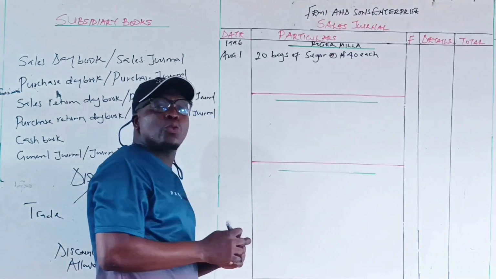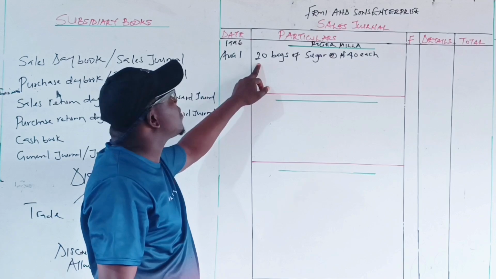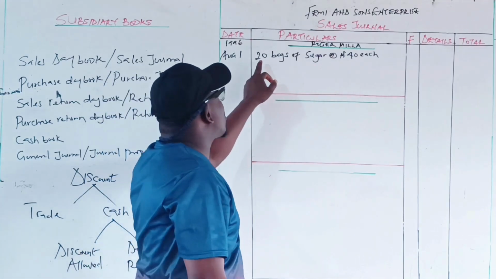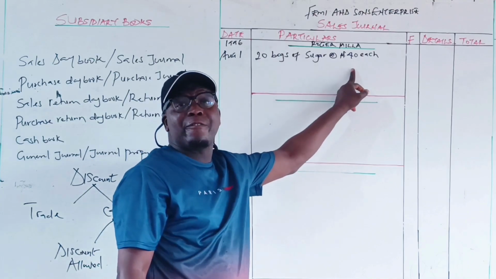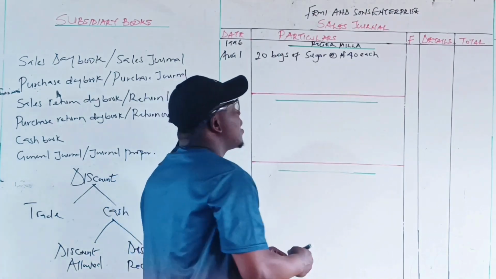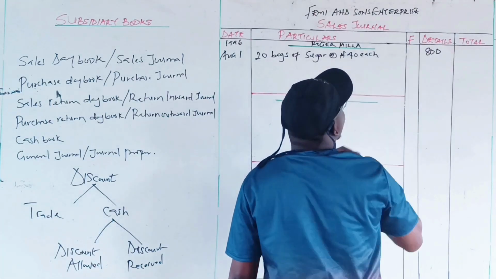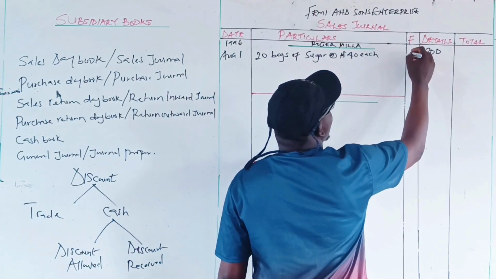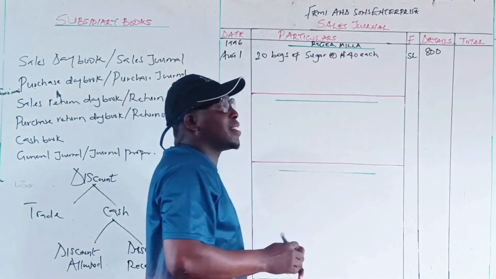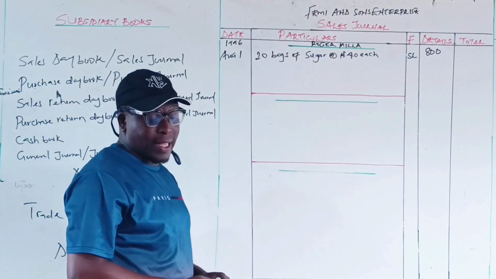So what you need to do here is to multiply the number of bags of sugar sold to Rojamila by the selling price, which is 20 bags multiplied by 40, which will give us 800 naira. So under the details, we have 800 naira. In our folio, we are dealing with what? Sales ledger. So we put the sales ledger there.